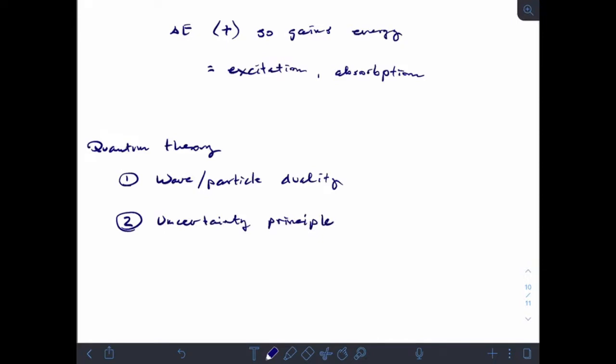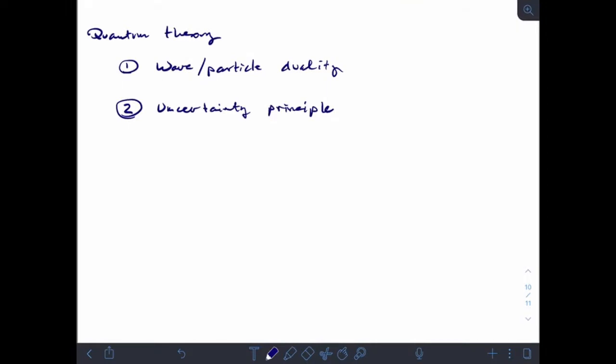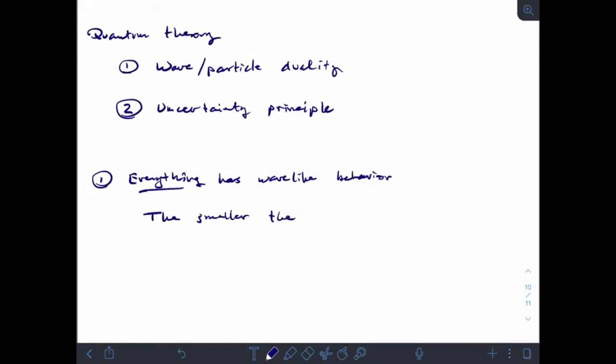Okay, so to address that first idea, everything, every object has wave-like behavior. Okay? The important aspect of that is that the smaller the particle or object, the more significant the wave-like behavior is.